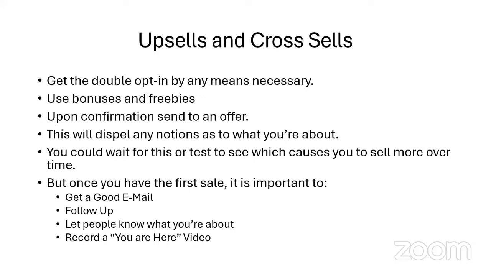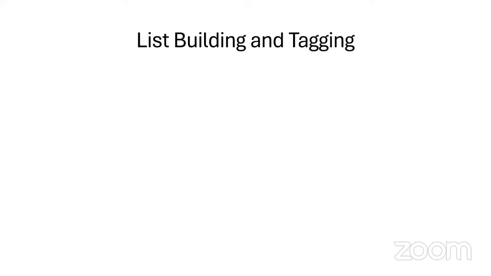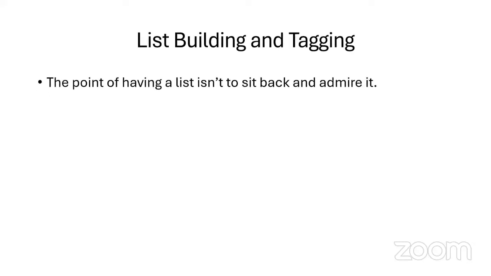But again, don't wait to start sending people to an offer, because people will run off your list as soon as they get that email. Right now, the point of having an email list is not to sit back and admire it. It's nice to see those numbers grow, but that's not what it's for.